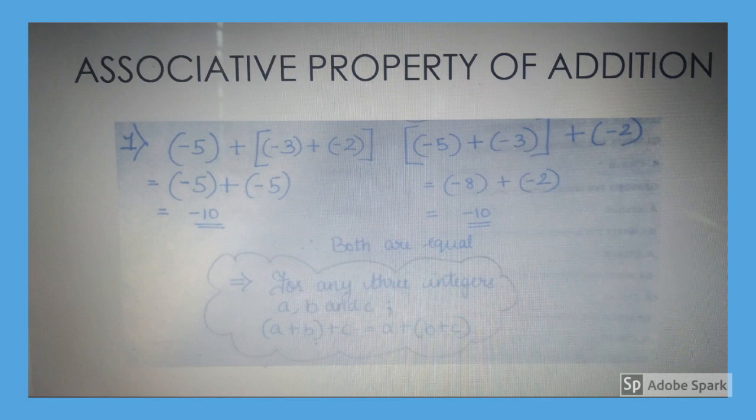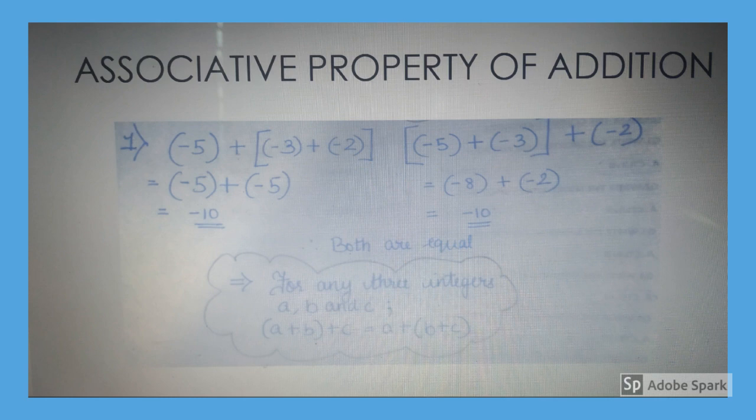So a plus b plus c, these are the 3 integers. Now when we bracket b plus c, the answer we get should be equal to d. When I bracket a plus b the next time, the answer should also be d. That is what associative property states.